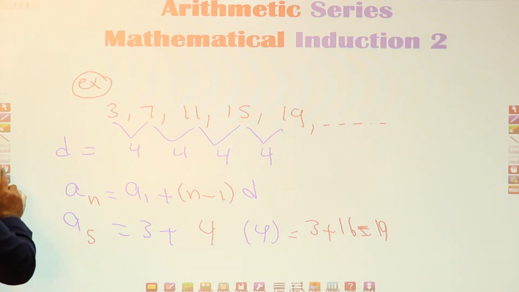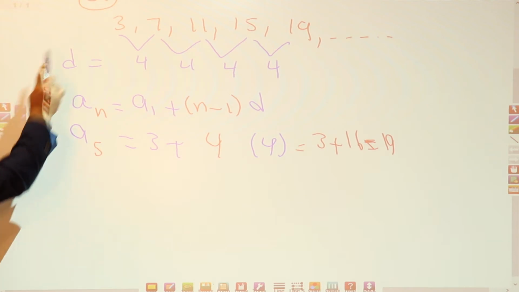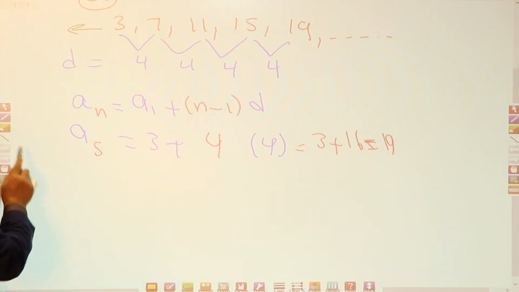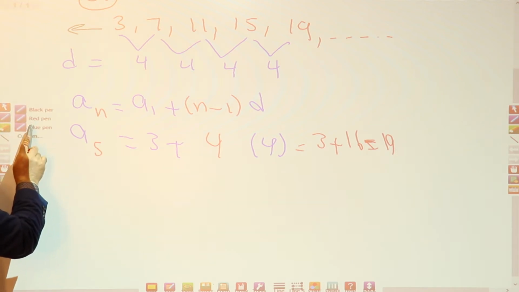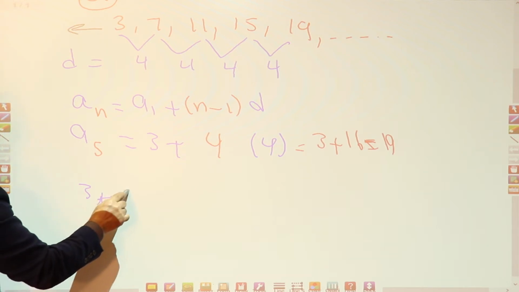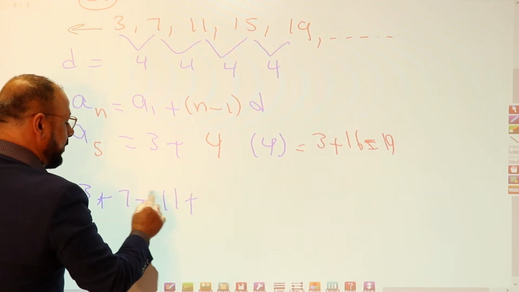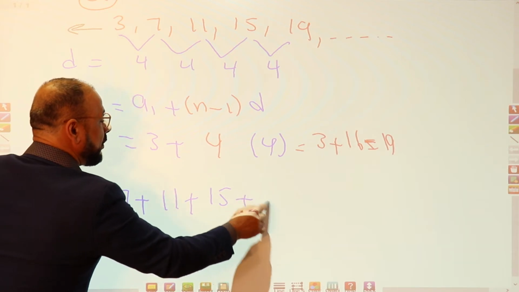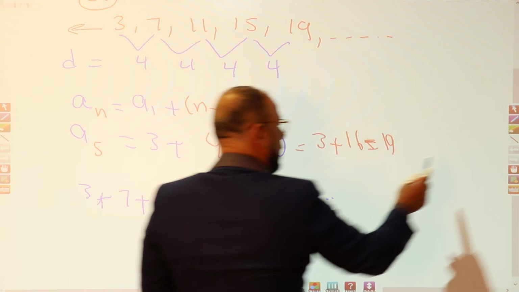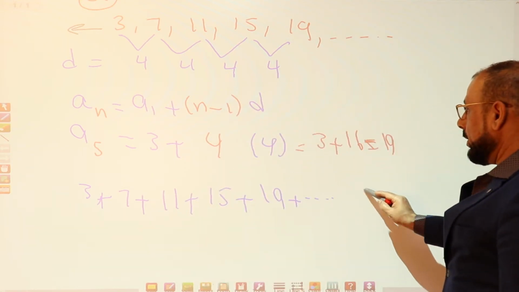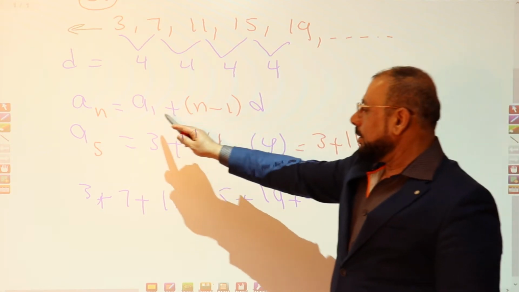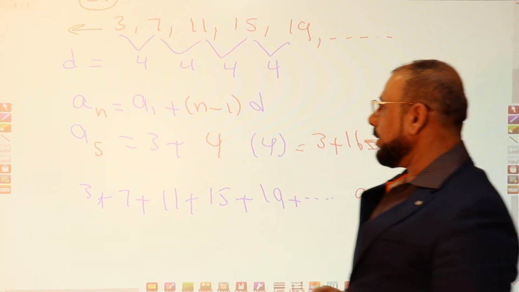After that we said we can write this sequence, when we have commas, we call it a sequence. When we have it like this, 3 plus 7 plus 11 plus 15 plus 19 all the way, the last term will be an, which is a1 plus n minus 1 times d.